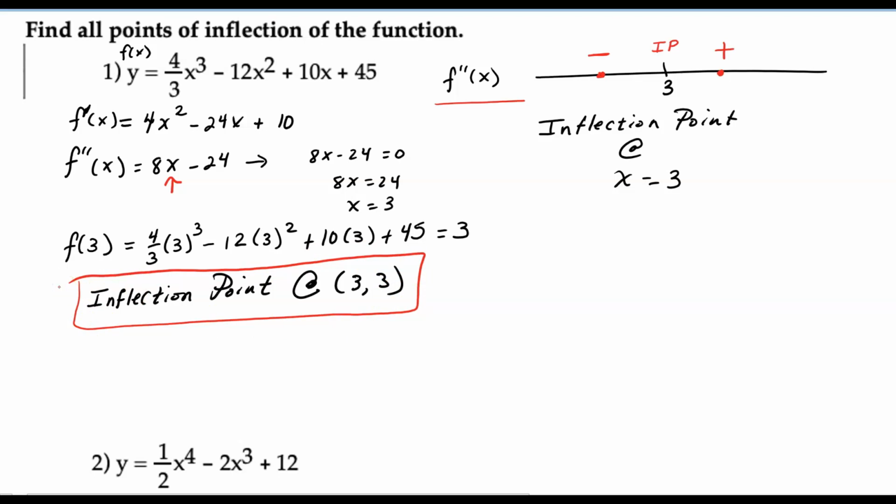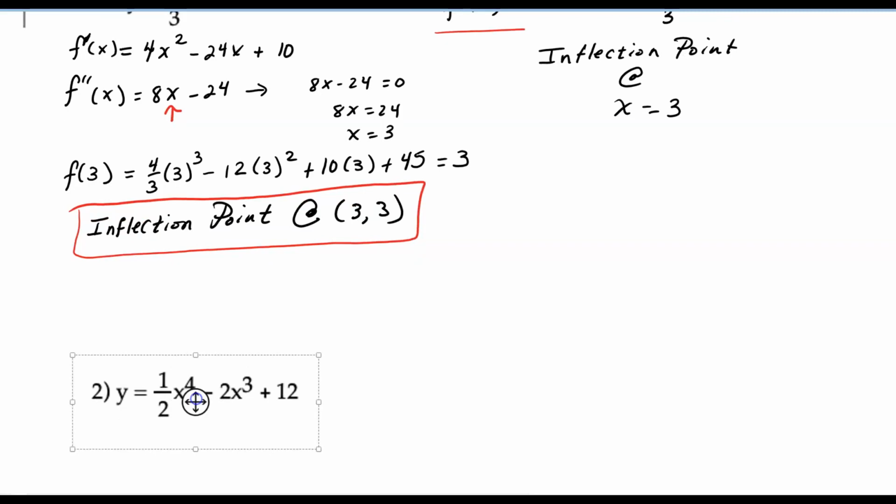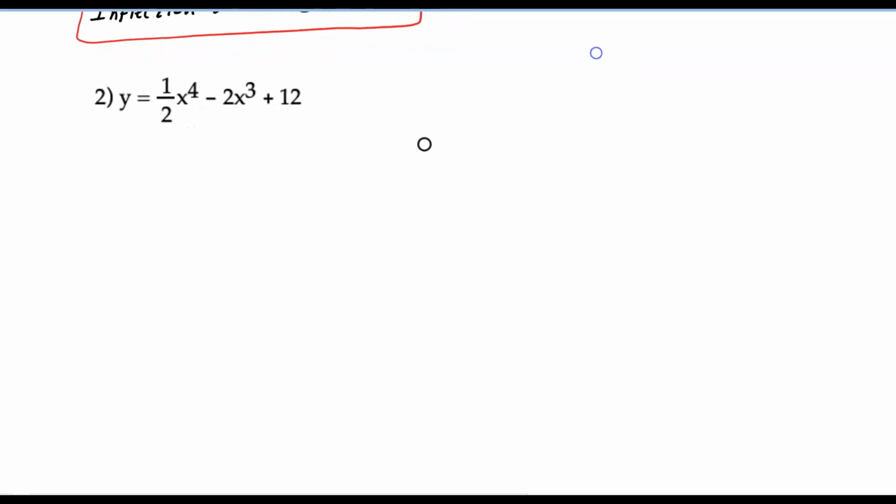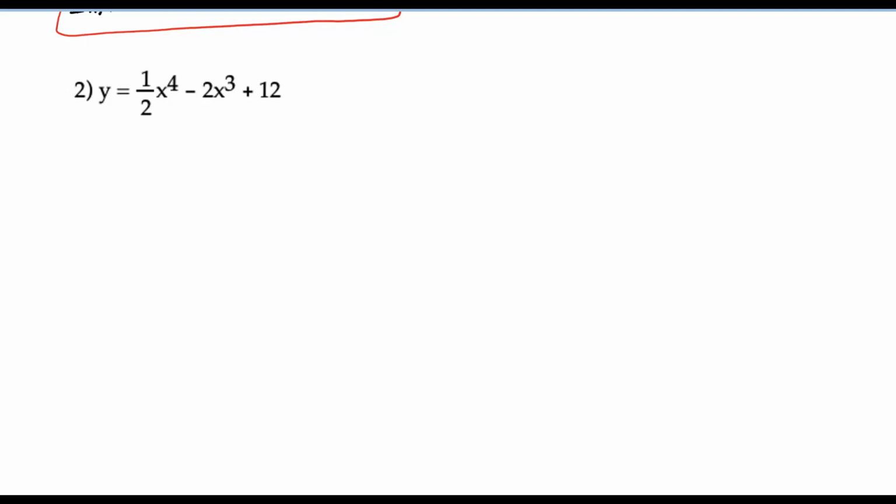Okay. Now we're going to take a look at this second question here, and let me move this up a little bit. Right about there is good. We're going to set it up very similarly. So again, I'm going to call this f of x.